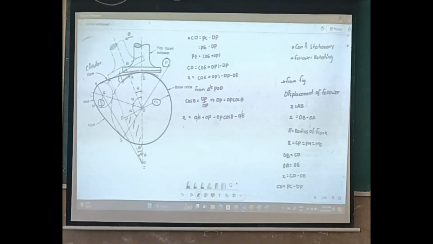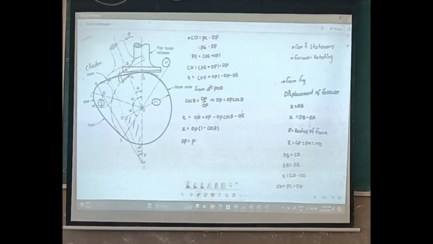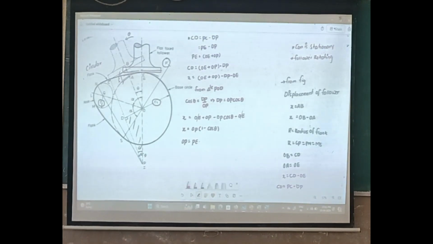Now x is equal to OP into 1 minus cos theta. What is OP? How can we write OP? OP is equal to PA minus OE or EO.